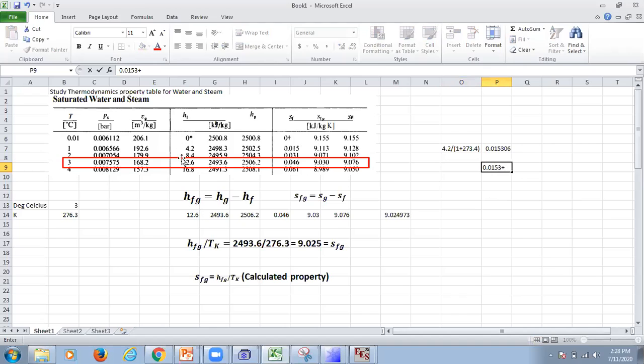Enthalpy rise means the energy input is something like 4.2 again. 4.2 divided by the temperature at 2, which is 273.4 plus 2, about 275.